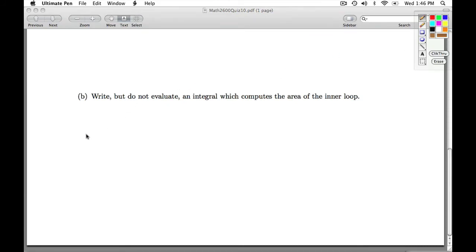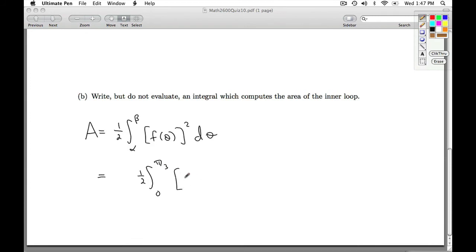The area between the pole and a polar curve is given by the formula 1/2 the integral from alpha to beta of f of theta squared d theta. So what I'm going to do is take 1/2 the integral from 0 to pi over 3 of (2 minus 4 cosine theta) quantity squared d theta, and then double that.